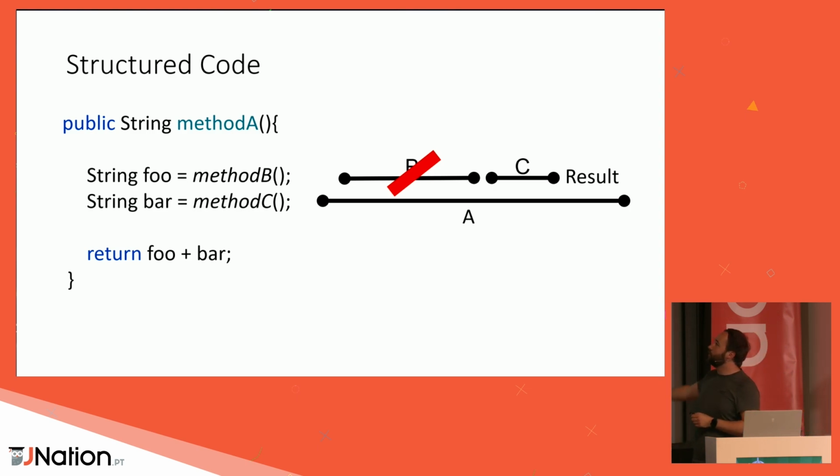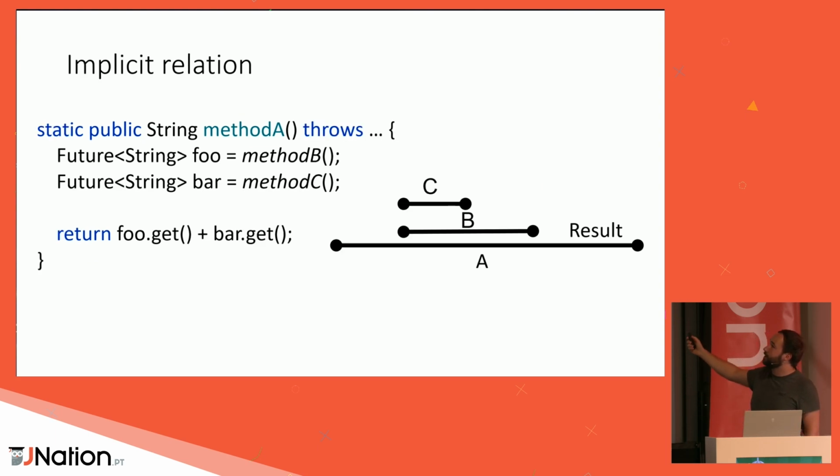So when method A is running and method B throws an exception, I'm not going to try and call method C because it doesn't make any sense, and I'm not going to try and create a result because I am missing B. The same goes for if C throws an exception. I'm also not going to try and create a result. I ran B, but that's just a waste of time, and I can't really do anything about it. So I'm not creating a result.